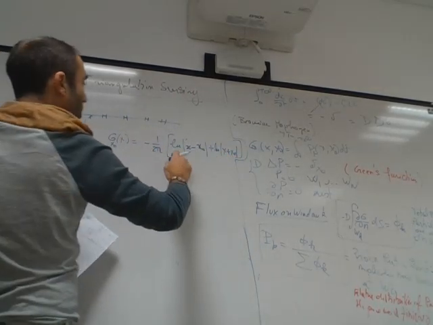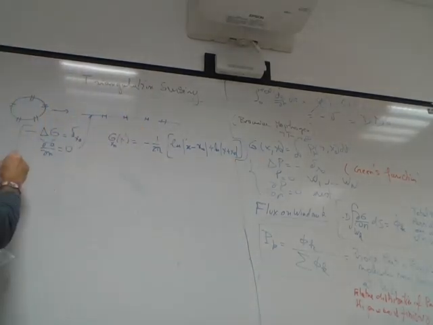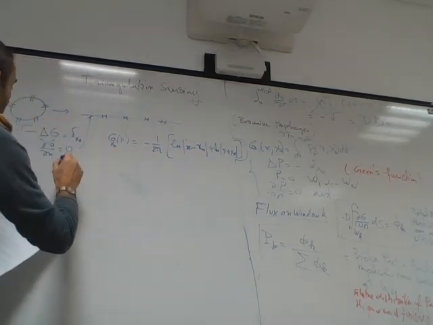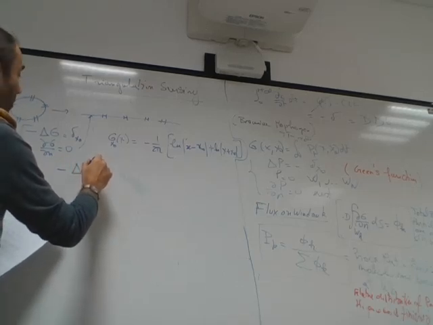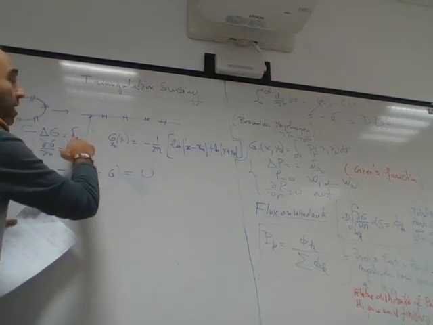I also suppose D equals 1. I always put D, and then later on I go back. So if I do the difference, I have minus the Laplacian of P minus J, and this is equal to 0, because delta and delta will be 0.